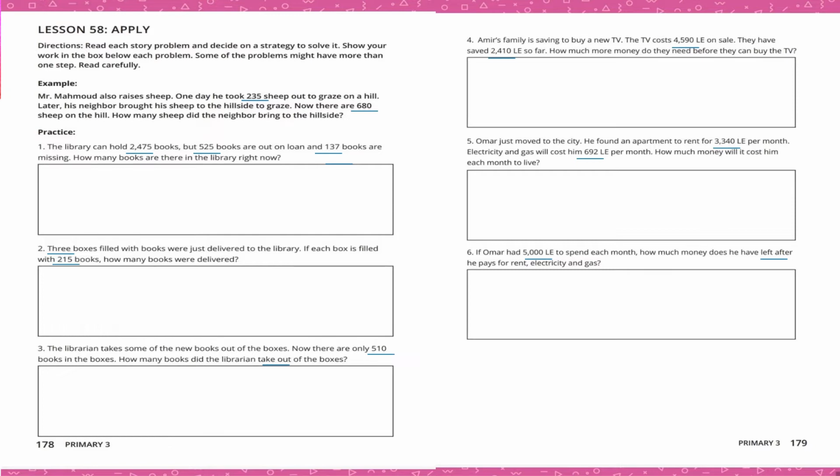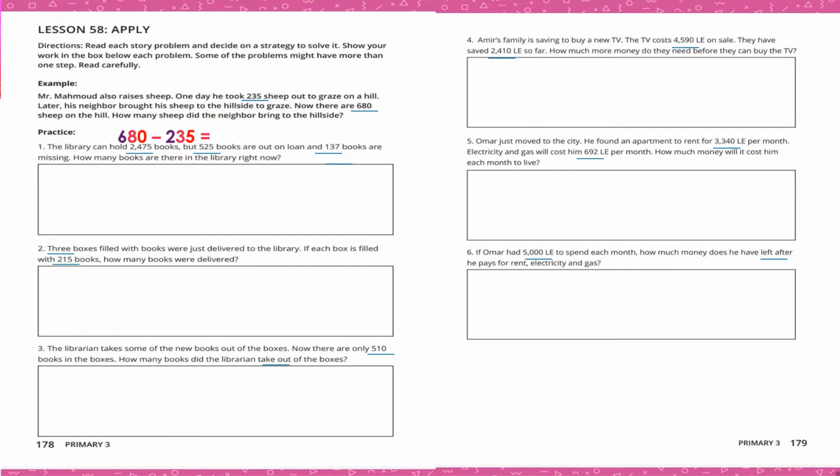To get this missing number, you should convert this addition operation to a subtraction operation, like this. But don't forget to put the biggest number first. So 680 minus 235. What shall we do to solve?